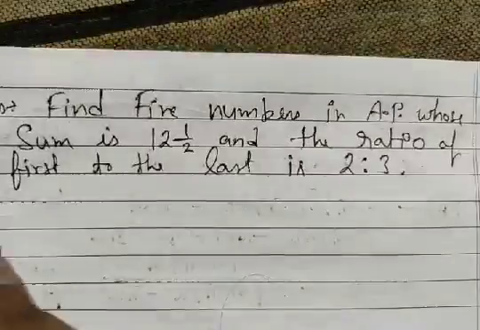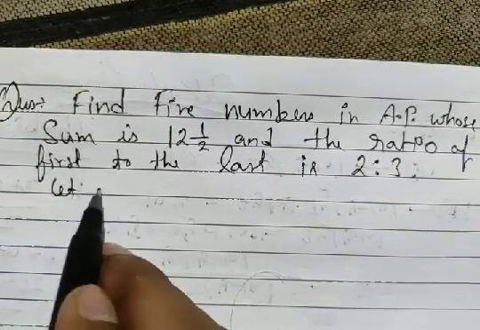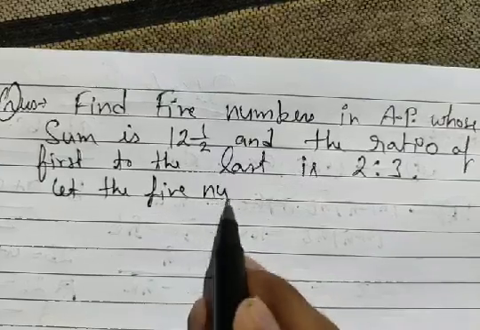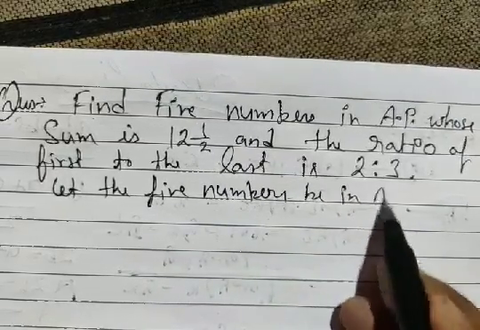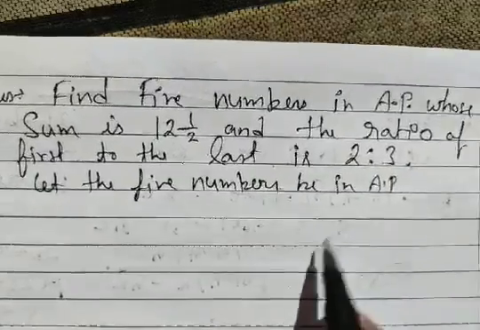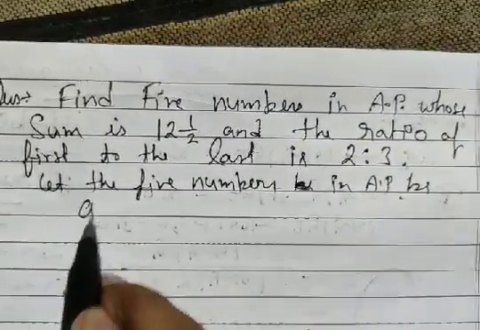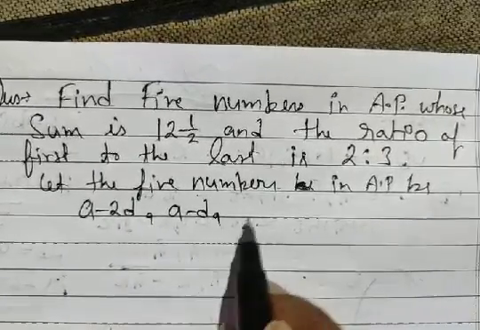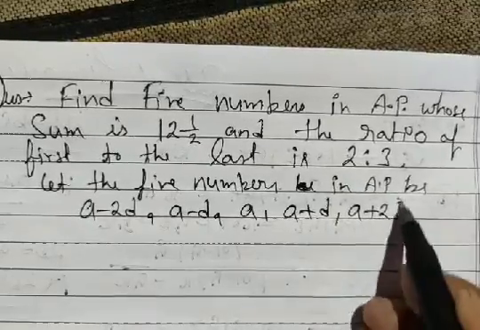Let the 5 numbers in AP be a minus 2d, a minus d, third is a, then a plus d, and then a plus 2d.